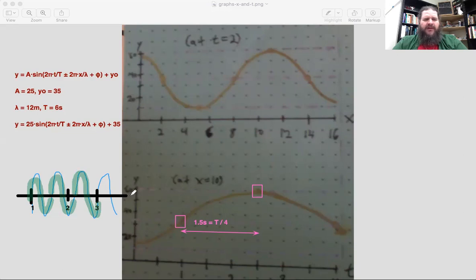So that's how many cycles in how much distance? That's 2 cycles. Looks like we've marked 3 cycles here.